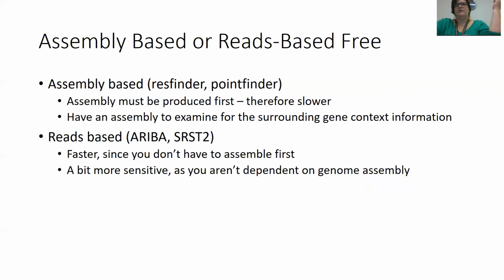This, of course, requires you to produce the assembly first, so it's a bit slower. But the upside is that you have an assembly to examine for the surrounding gene context information, so you can see multiple genes being carried together in relatively close space in your genome.